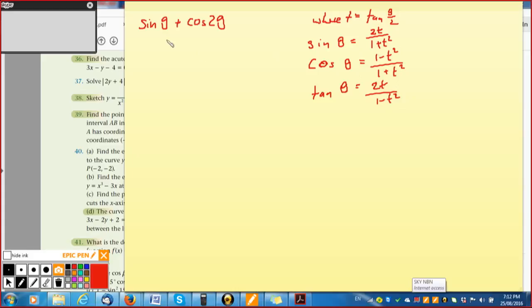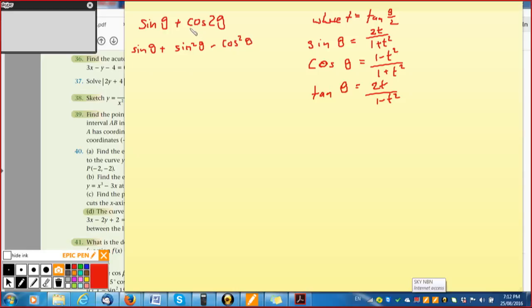So sine theta, we've already got something for sine theta. For cos 2 theta, we're going to use the compound angle for cos. So what you should get is sine theta plus the compound angle for cos, which should be sine squared theta minus cos squared theta.